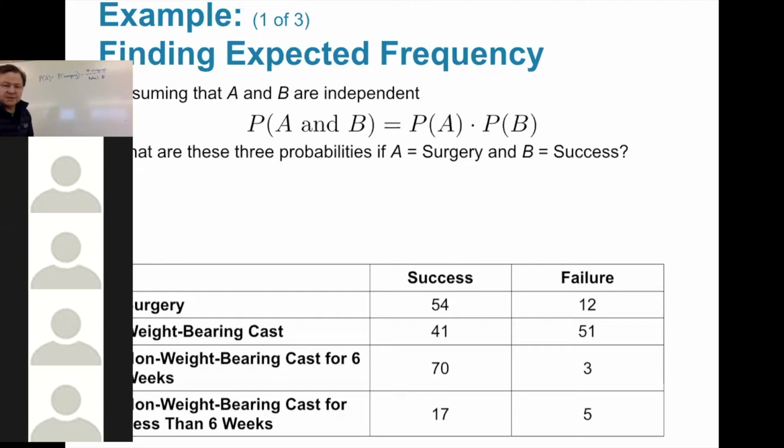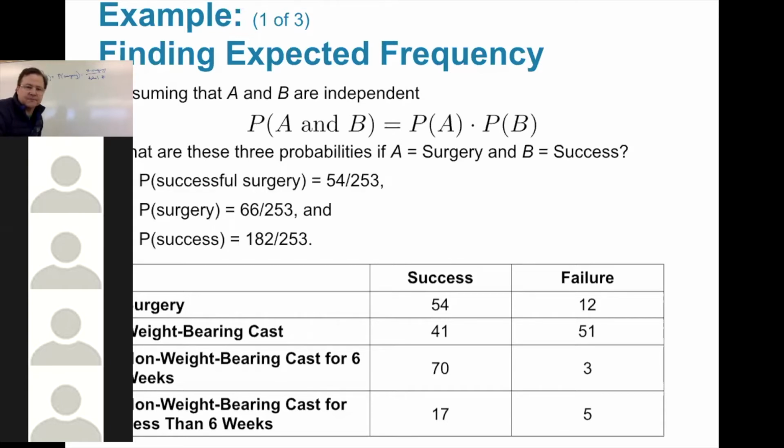And in this particular case, if you haven't guessed already, the total number of procedures is going to be the total of all 8 of these frequencies. So what is that? 54, 41, 70, 17. Okay, I guess I did the math previously. You can double check me on that.